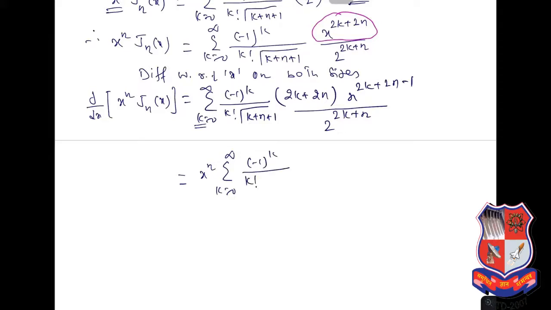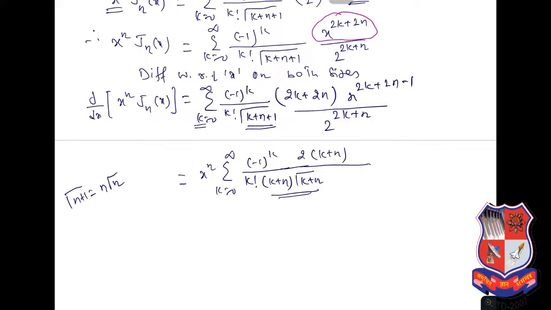Now this is k factorial. Now we write gamma, we know the formula, gamma n plus 1 equal to n gamma n. So here we are using that formula, k plus n gamma k plus n. Here we take 2 outside.